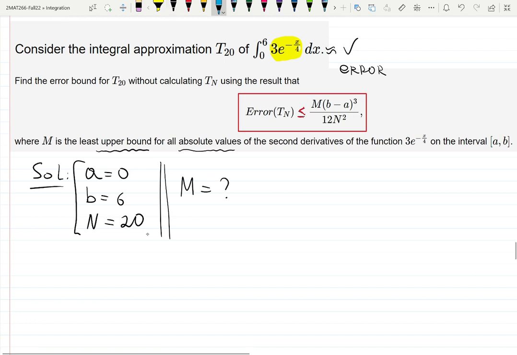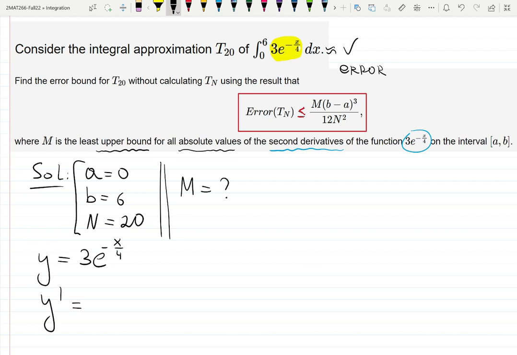First of all, we're going to find the second derivative of the function. Let's write y to be faster: y equals 3e to the minus x over 4. Then y prime is 3 copy e to the minus x over 4 times, by the chain rule, the derivative of minus x over 4, which gives you minus 1 over 4. Chain rule.